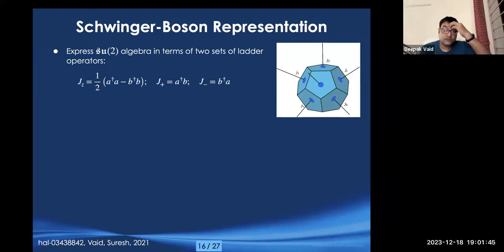Now we know that the basic degrees of freedom living on these edges are angular momenta, and we want to write down coherent states for angular momenta. So how do we do that? This is the Schwinger-Boson transformation.